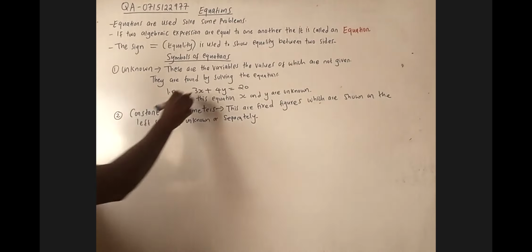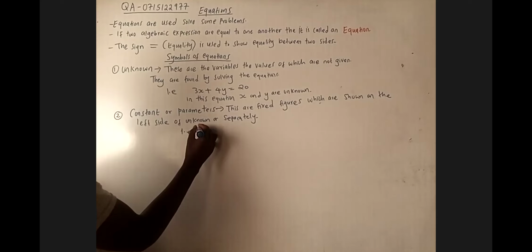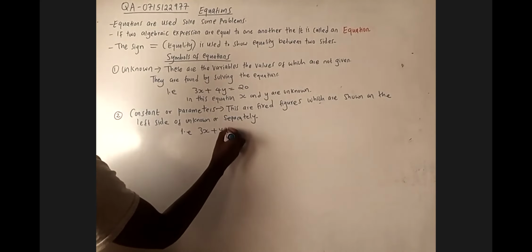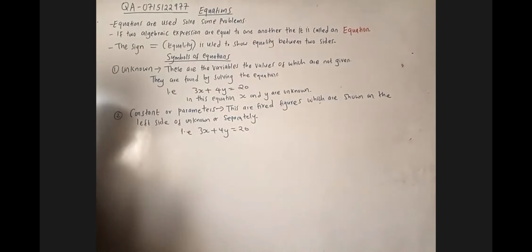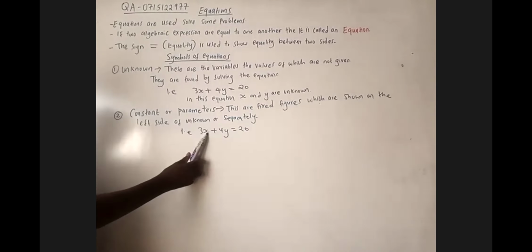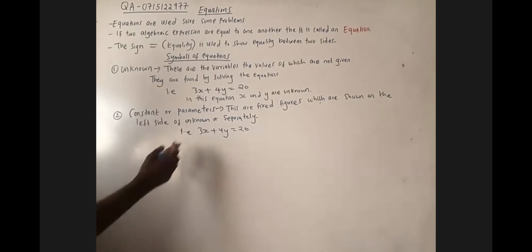Now, in an example here, 3x plus 4y is equal to 20. We know that x and y are unknown. What about 3 and 4?